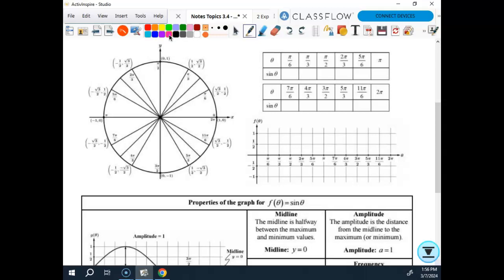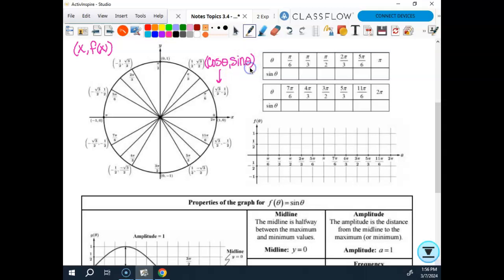But before we move on to another type of graphing, you need to understand how different this is. We are used to, when we graph, having an x value, and we substitute it in, then we get a y value. And so this is why we say that y is a function of x. We have an input, we have an output. But here, these ordered pairs, this is cosine theta, sine theta.